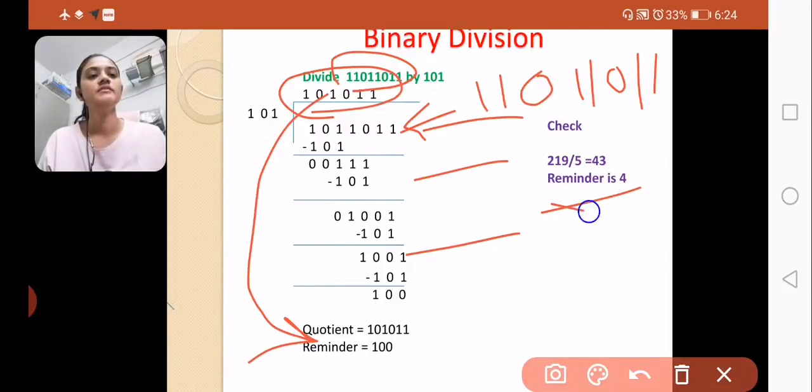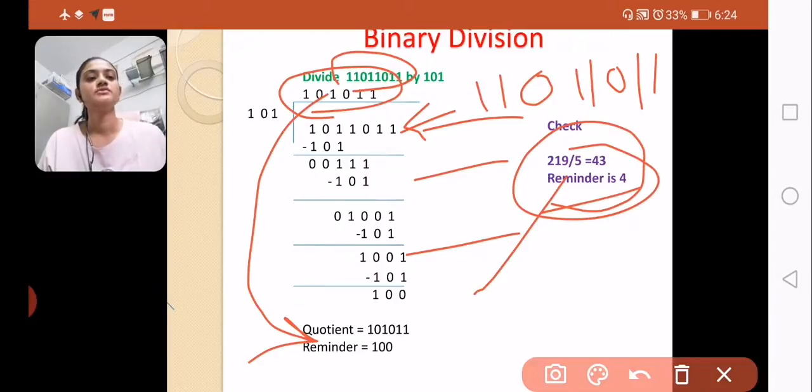You will find this answer, right? So in this manner you can find the division of any binary numbers, and you have to write in the answer the quotient and remainder.